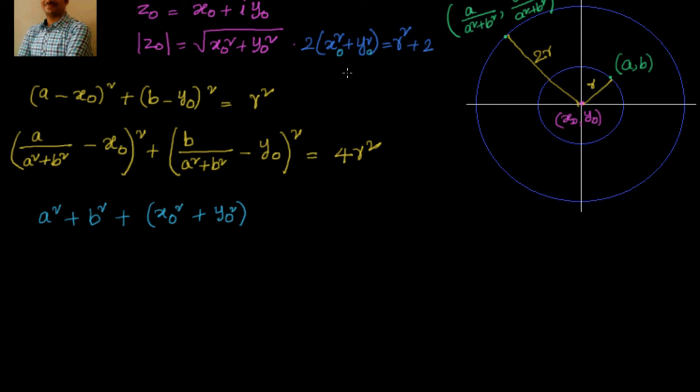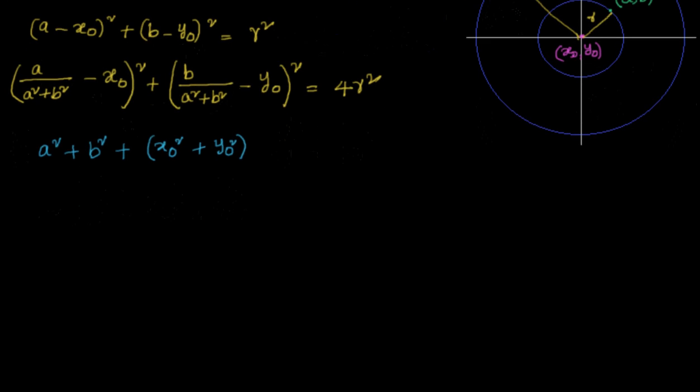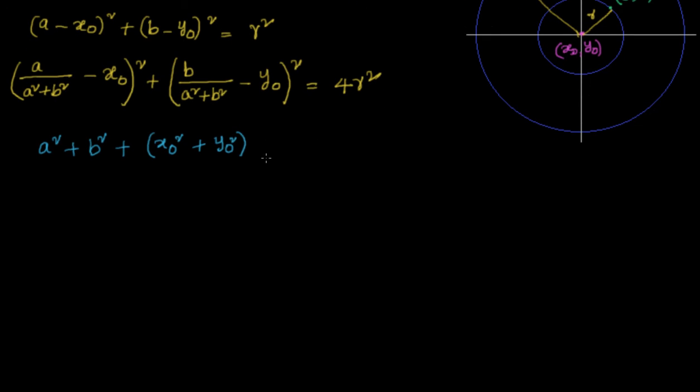So we can leverage that. That's why we are just putting them separately. What else we will have? Minus 2a x naught minus 2b y naught is equal to r square. This is coming from the first equation.